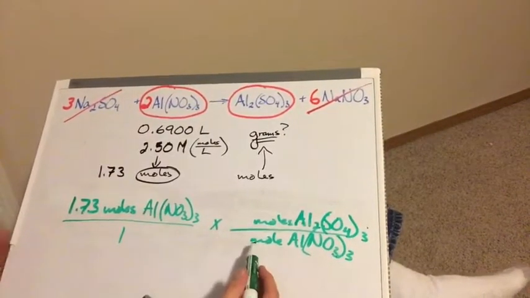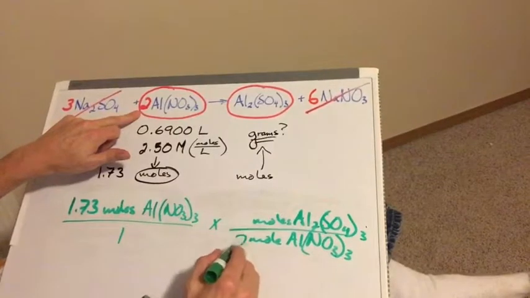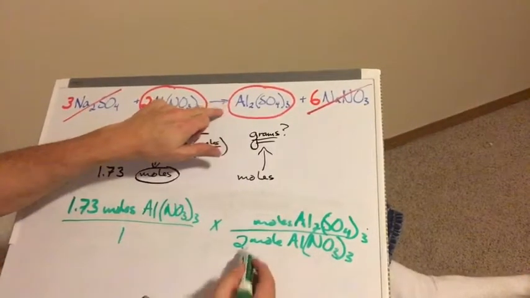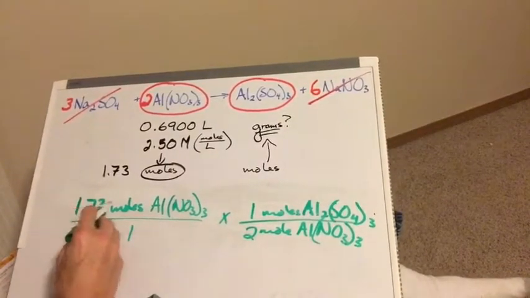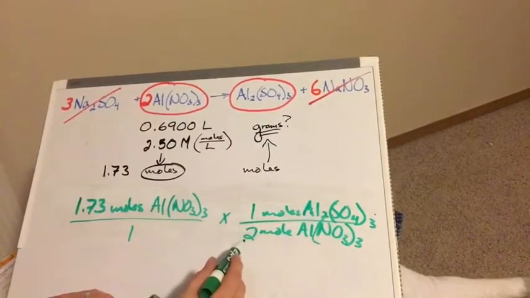What's the ratio? Well, aluminum nitrate is 2, aluminum sulfate is just 1, so that's the ratio. So essentially we're going to take 1.73 and divide it by 2.